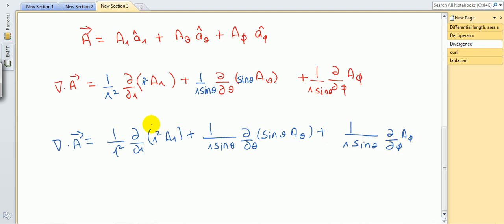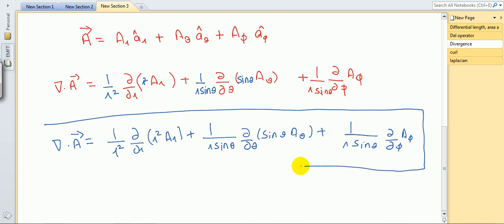So this is the formula of divergence in the spherical coordinate system.